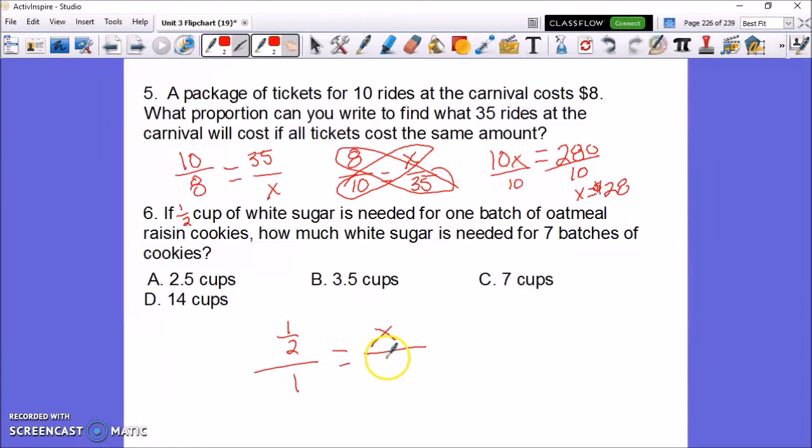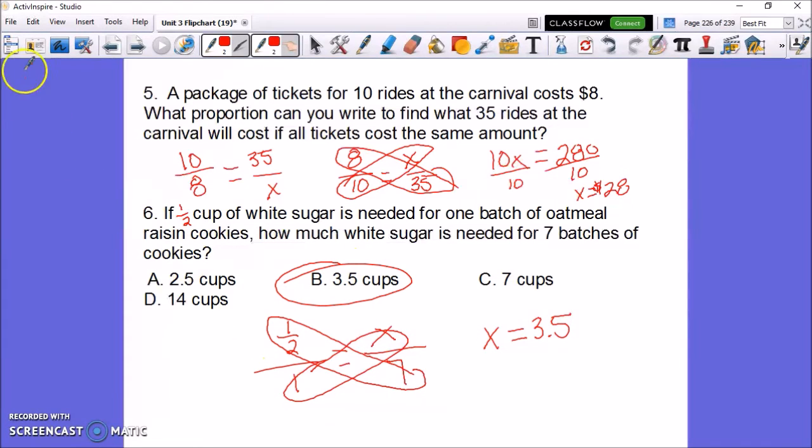So that's an X. But it's out of 7 batches. And we're going to cross multiply. 1 times X is 1X, but we just write that as X. And then 7 times 1/2 gives us 3.5. So our answer would be 3.5 cups.